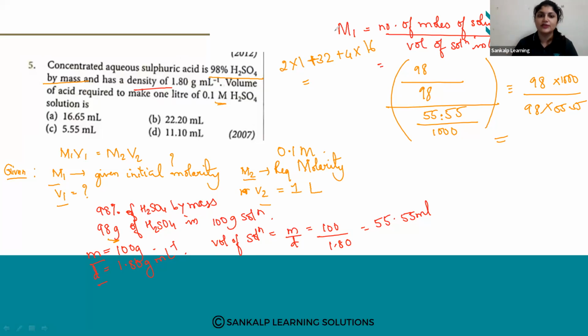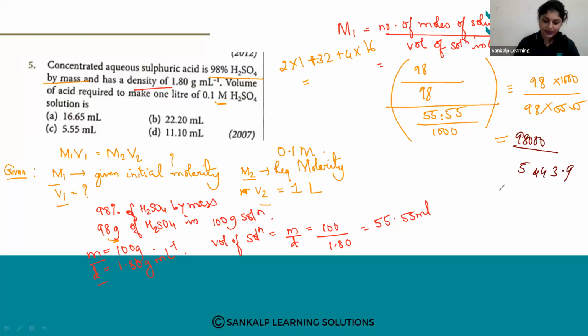Go stepwise, and you will get the proper answer. 98 into 1,000 is 98,000. Then 98 into 55.55 comes to 5443.9.